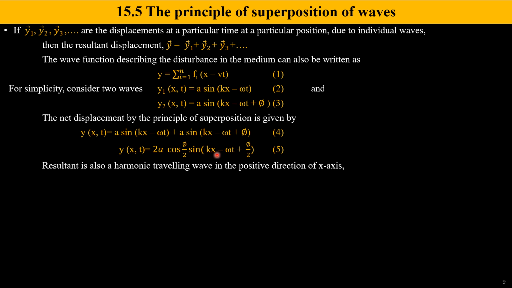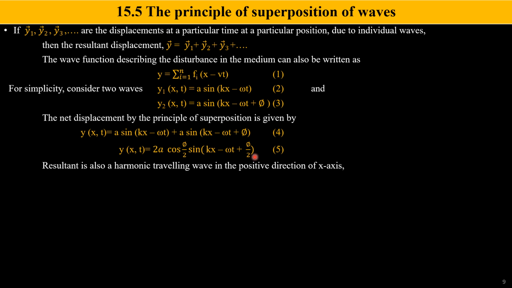However, its initial phase angle is phi by 2. The significant thing is that the amplitude is a function of the phase difference phi between the constituents of the two waves.